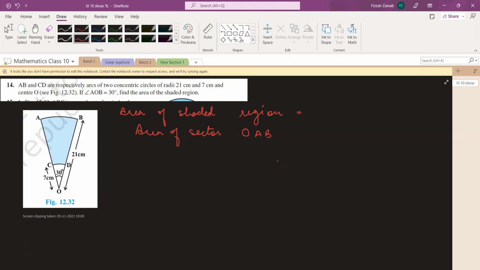This is how we name a triangle, OAB. So we take some imaginary point. Let's say there's a point here which I call E. So I'll name it OAEB. Now it will be a sector. This is how we name a sector. Similarly, you can assume any point here, which is F. So minus the area of sector OCFD.